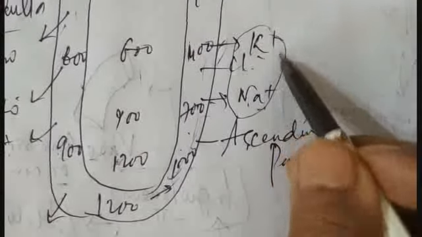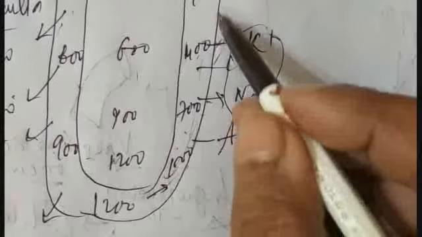These are medullary parts. Here it is 1200, 900, 600, 300. Here concentration gradually increases by the reabsorption of water. Here the osmolarity decreases by the reabsorption of these materials, sodium chloride and potassium. So the concentration decreases here.